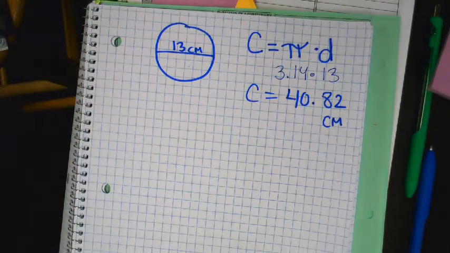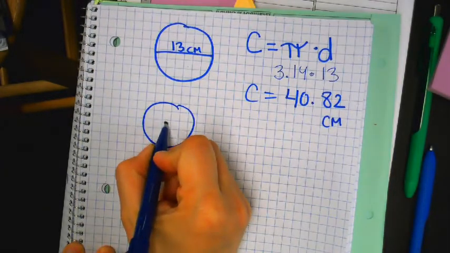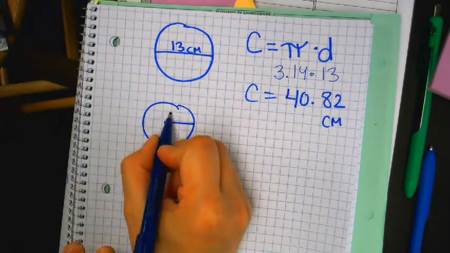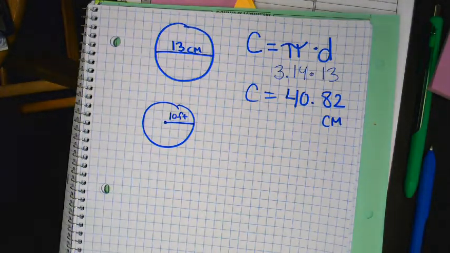Okay, now I'm going to make it super hard. I'm going to give you the radius: 10 feet. I want to know what the circumference equals. So what do you first have to do?